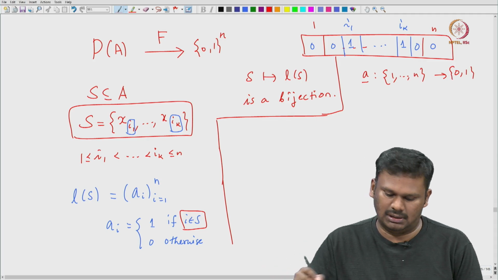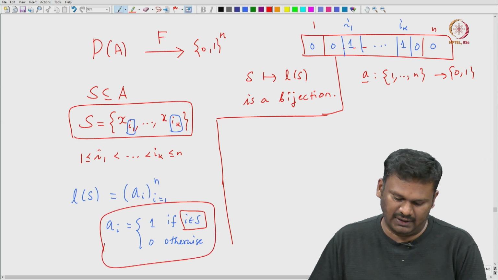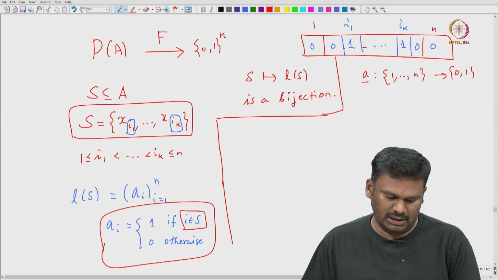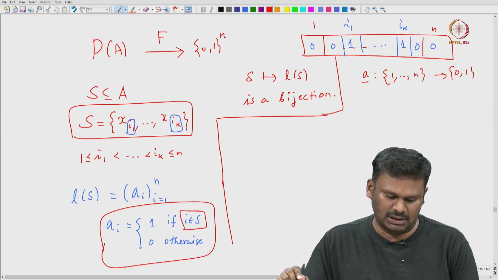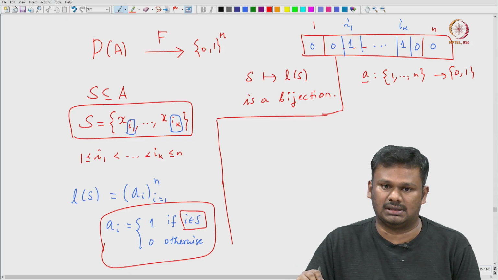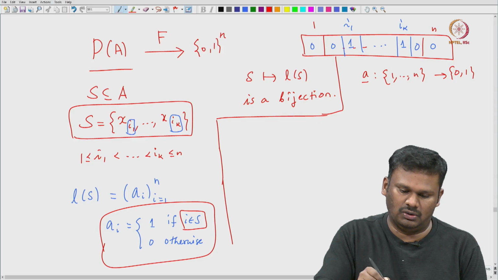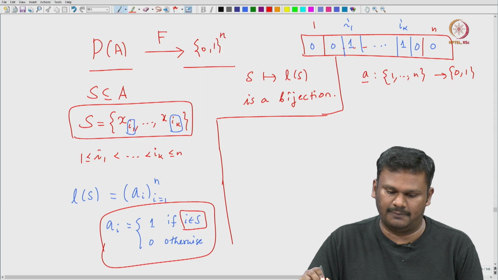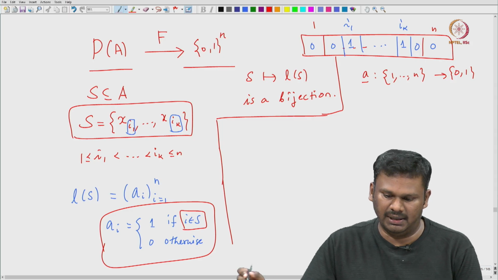That means what we have done is define this indicator function of S, and it is not very hard to see that the indicator function completely determines this capital S. So, that way we get a bijection from the power set of A to {0, 1} to the power n. And this is something one can generalize, that is why I did this baby case.